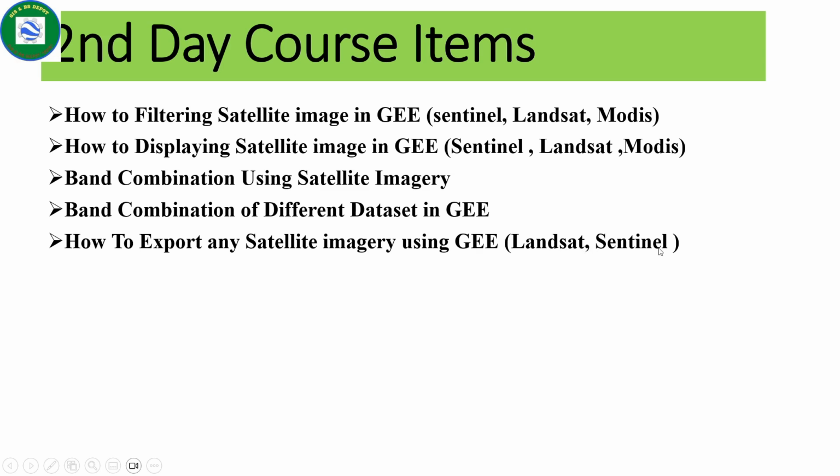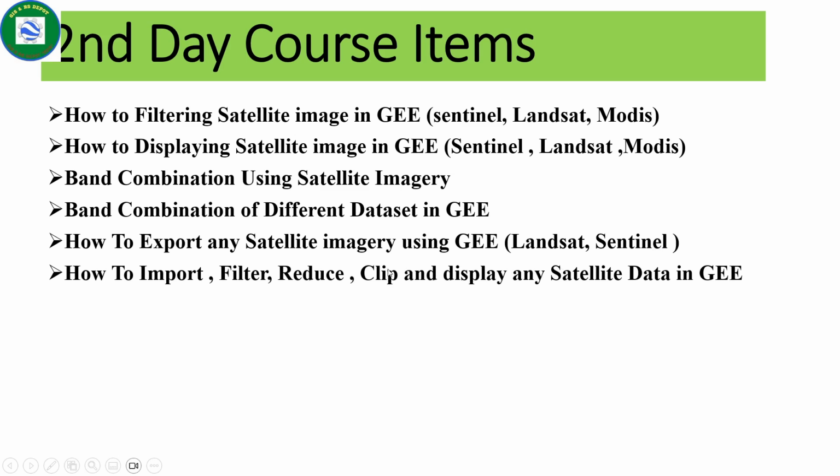Suppose Landsat satellite imagery or Sentinel satellite imagery or anything. Then we learn how to import, filter, reduce, clip, and display any satellite data in the Google Earth Engine platform. That means how you can easily import any satellite data set from the Google Earth Engine public data catalog to the code editor.